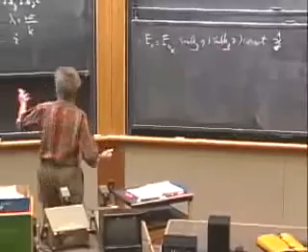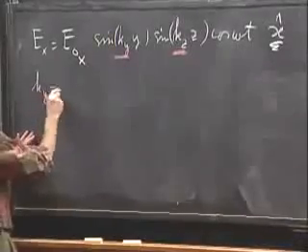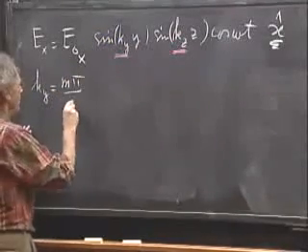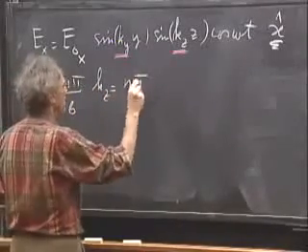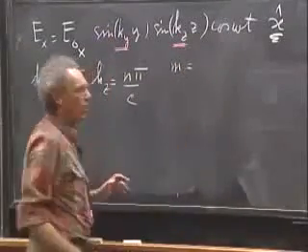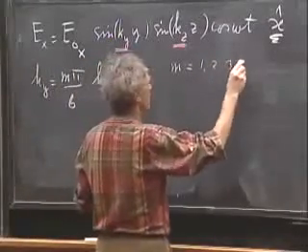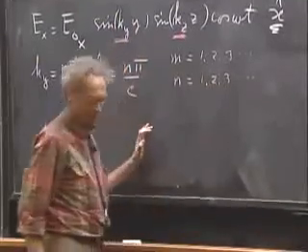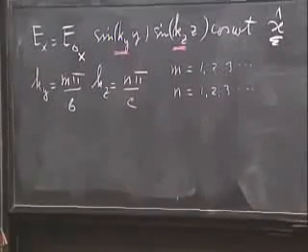One standing wave in the y direction and one standing wave in the z direction. And to meet the boundary conditions, which I wrote down here, it is immediately obvious that k of y must now be m pi divided by b, and k of z must be n pi divided by c. And then m equals, in this case, it's sine, so it is 1, 2, 3, etc. And n equals 1, 2, 3, etc. And as long as I meet this condition, the E of x component is quite happy.